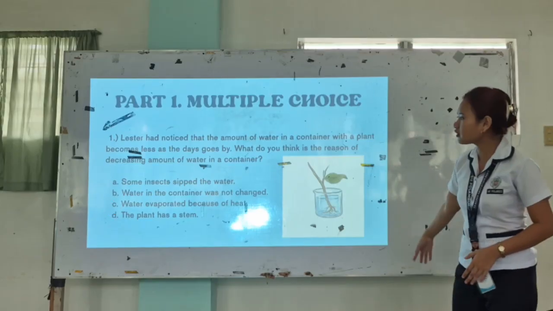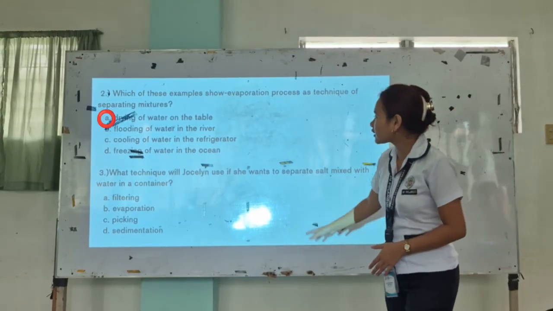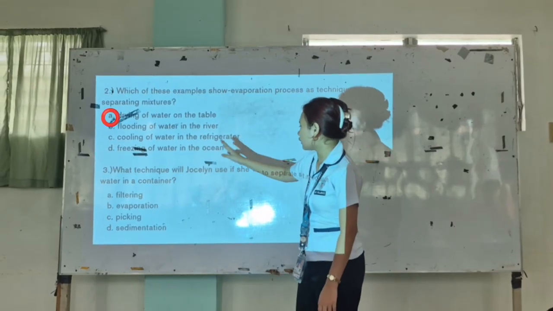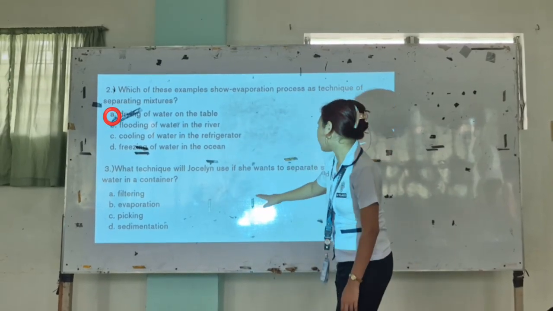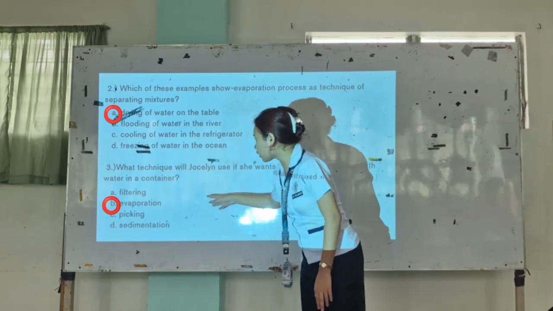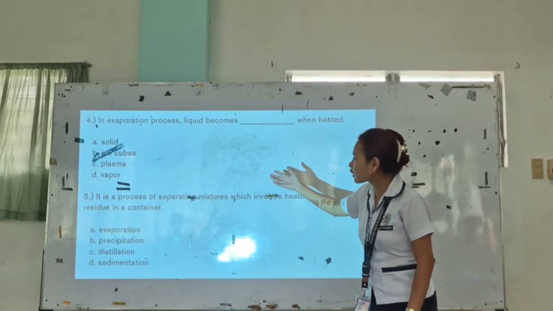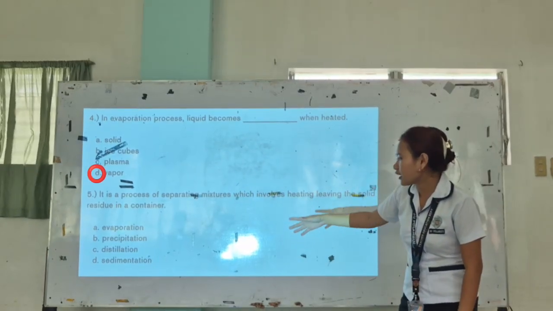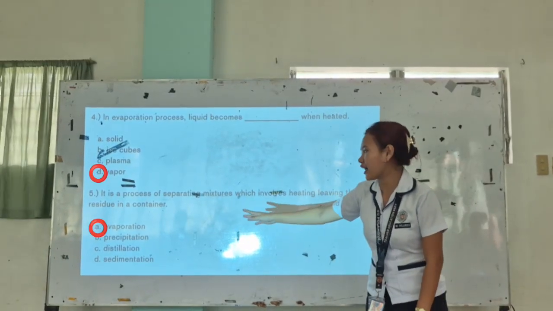The next one, the answer is drying of water on the table. Number 3, it's evaporation. So for number 4, the correct answer is B, vapor. And the last number, it is called evaporation, letter A.